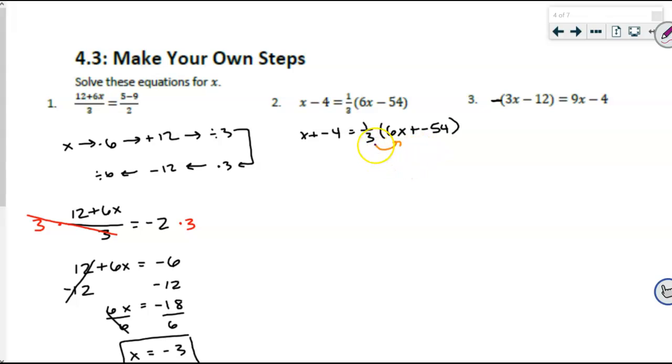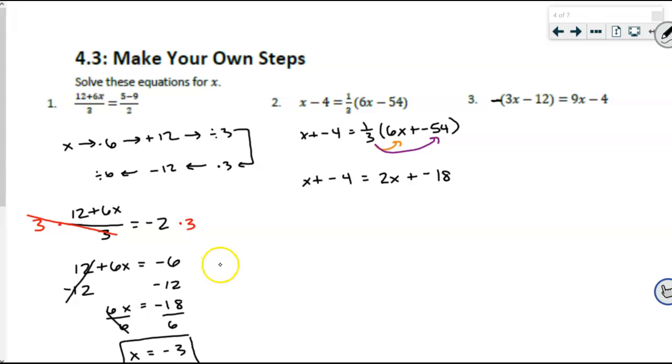So what you're saying you did is you did this distribution. That's what you mean by simplify. You're doing this multiplication across the parentheses or using the distributive property. Yes, and so that is going to give us x plus a negative 4 is equal to 1/3 of 6x, which as Tage said is 2x, plus 1/3 of a negative 54 is, thank you.